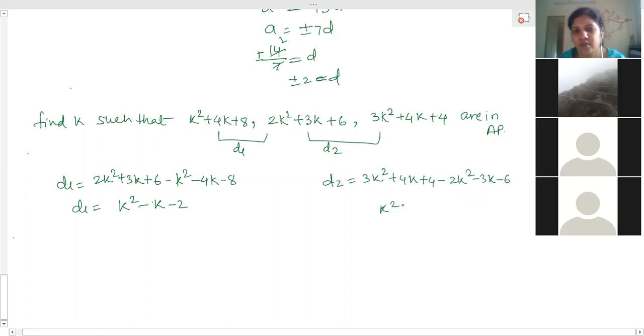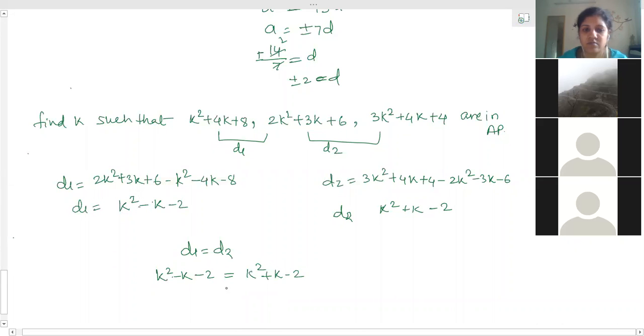So it is K square plus K minus 2. So D1 and D2 are equal. Ma'am, how do you have D1 and D2 equal? They are in AP. Ma'am, it's K square minus K and it's K square plus K. Yeah. So then they are equal. You have to find out the K value for which this can be possible.